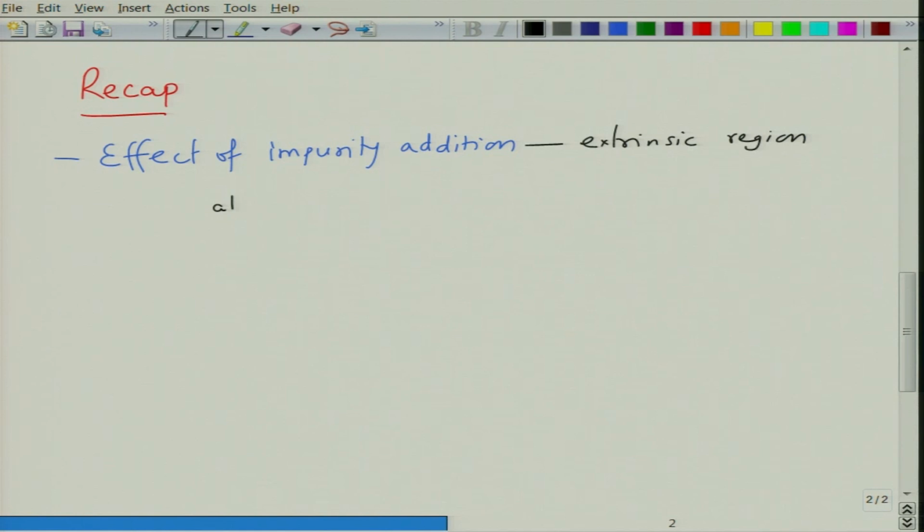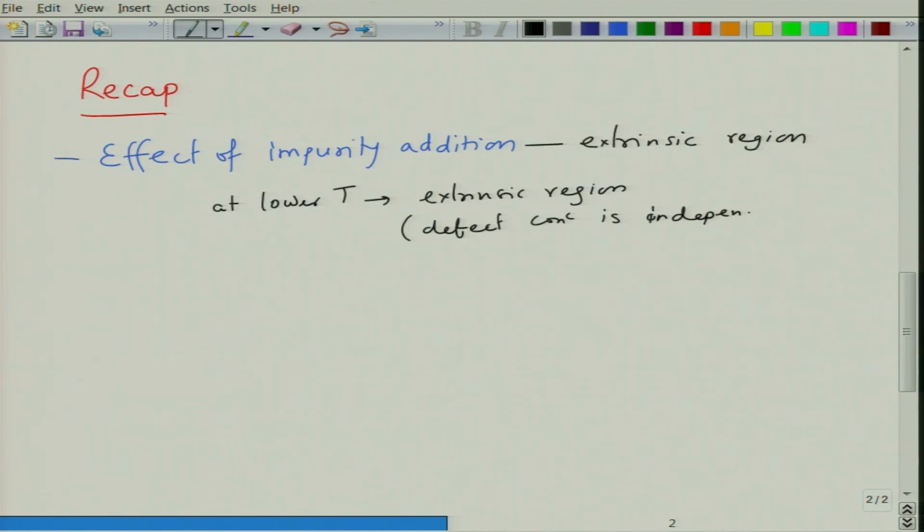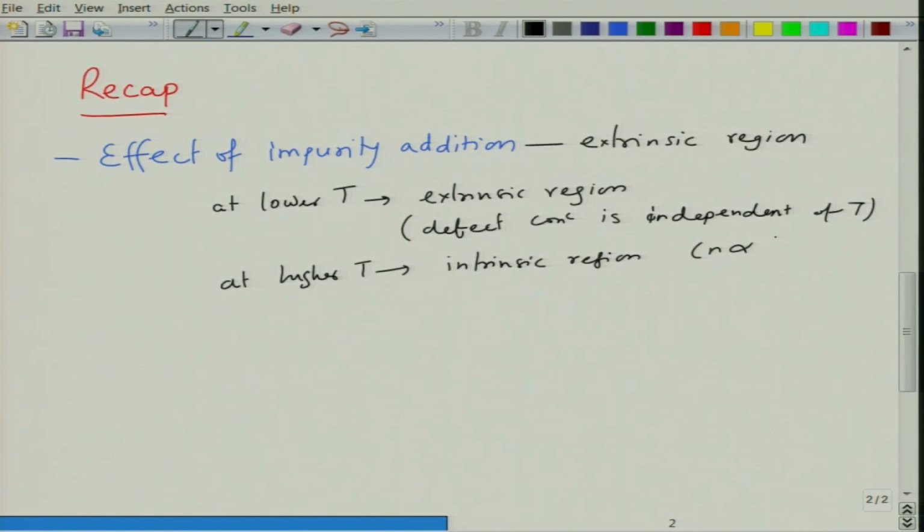At lower temperature you will have the extrinsic region, where defect concentration is independent of temperature. And at higher temperature you will have the intrinsic region, where n will be a function of temperature, and generally the plot will look like this.